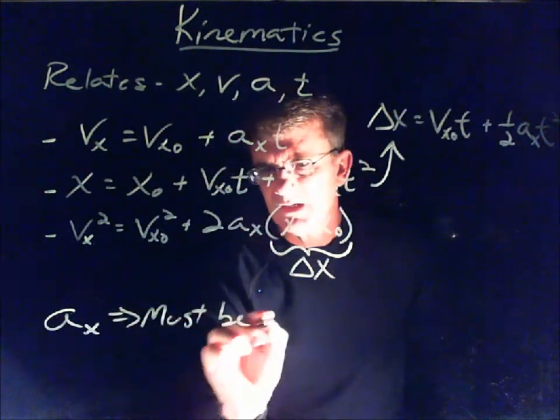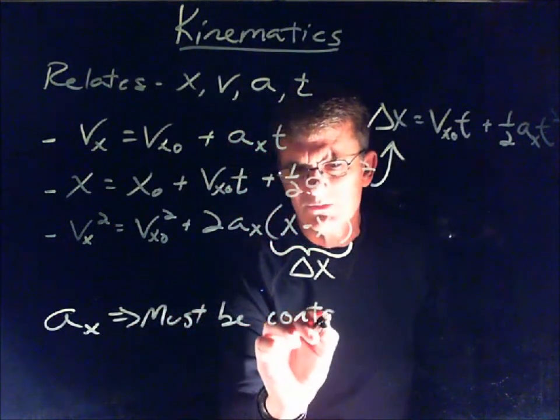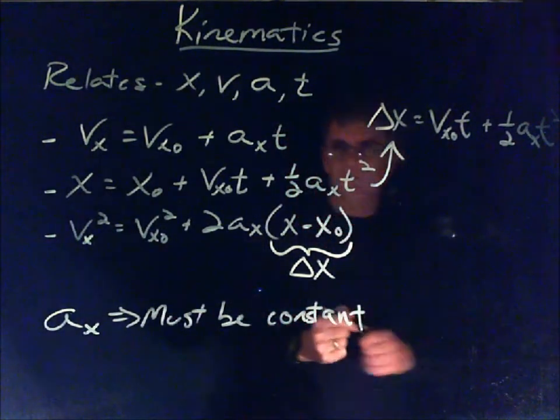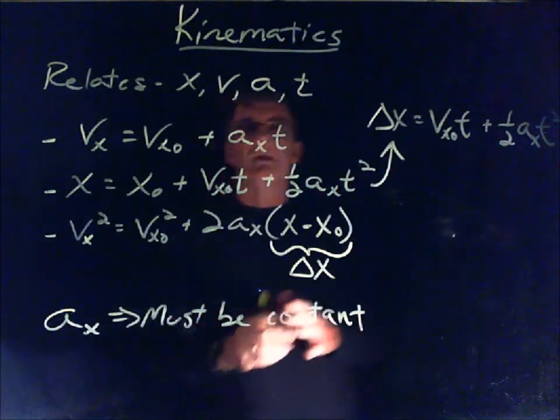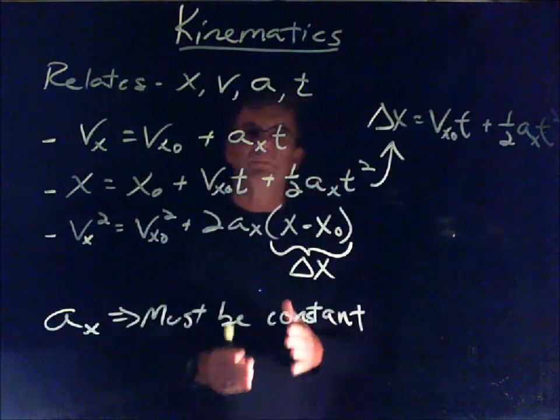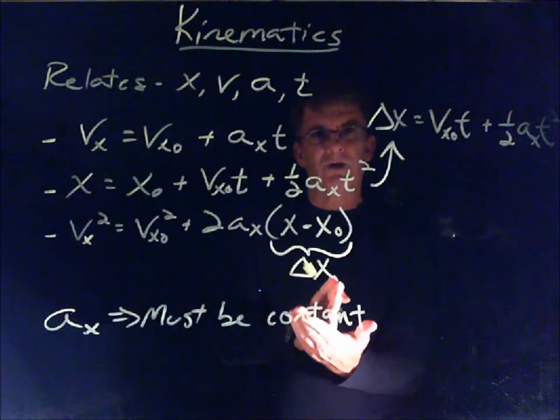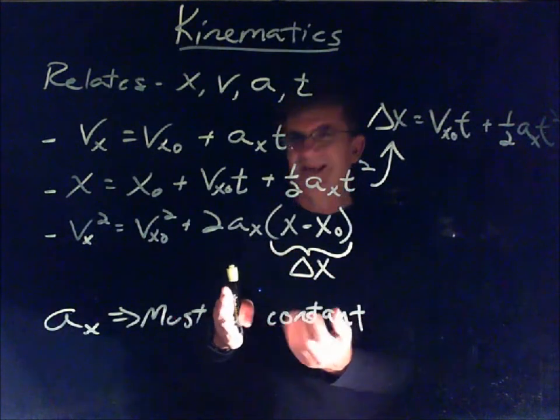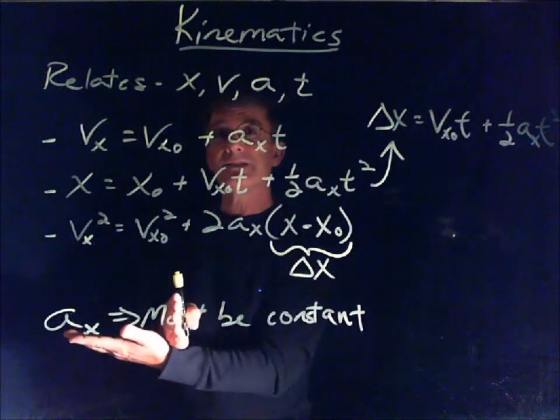If it's not constant, we cannot use these equations, or we have to break them up. For example, if an object is starting from rest, it begins to have a constant acceleration, and then goes at a constant speed.